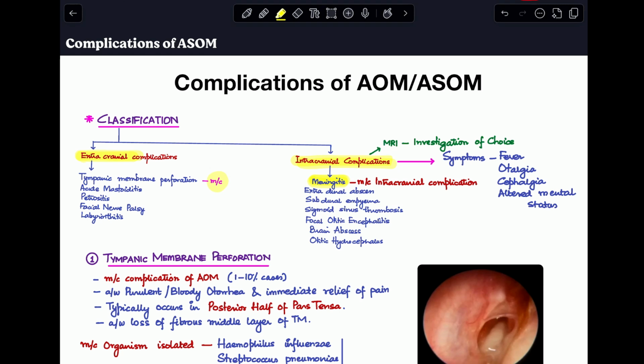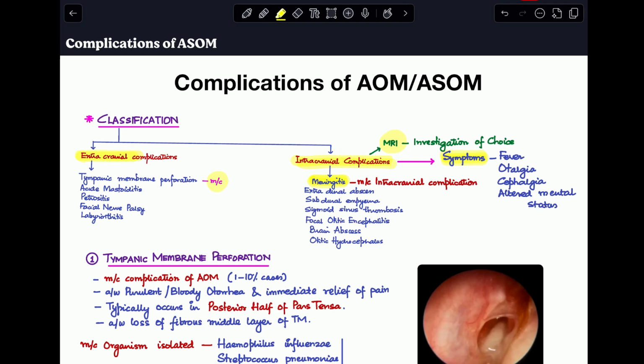In intracranial complications, there are usually common symptoms that we see, which are fever, otalgia, cephalgia, and altered mental status. Whenever an intracranial complication is suspected, the investigation of choice will always be an MRI, because MRI is very useful to see the soft tissue aspects.